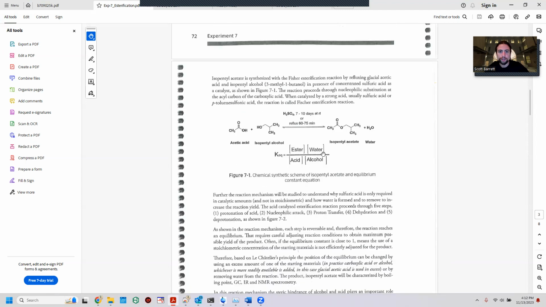And so what we need to understand here is that if you combine acetic acid and isopentyl alcohol together with sulfuric acid, either as we had placed it on the lab bench for a week, or you can reflux it for about an hour. One thing to remember here is they have the arrows pointed this way because it is a reversible reaction.